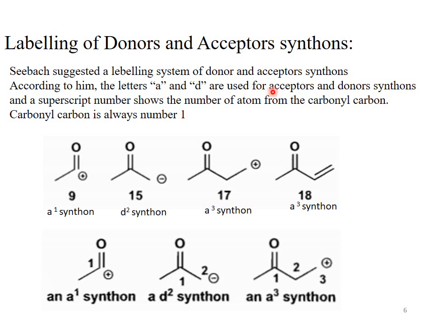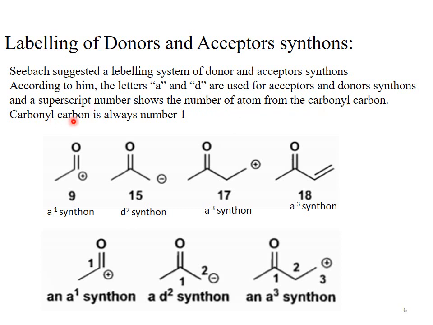The labeling system of donor and acceptor synthons was introduced by Seebach. Seebach is the name of a scientist, and he introduced a labeling system of donor and acceptor synthons. According to him, the letters A and D are used for labeling acceptor and donor synthons.